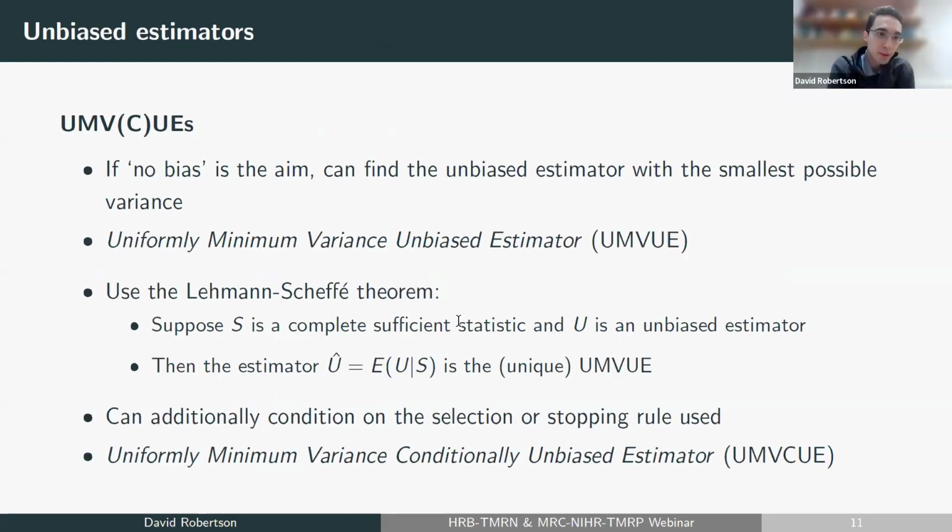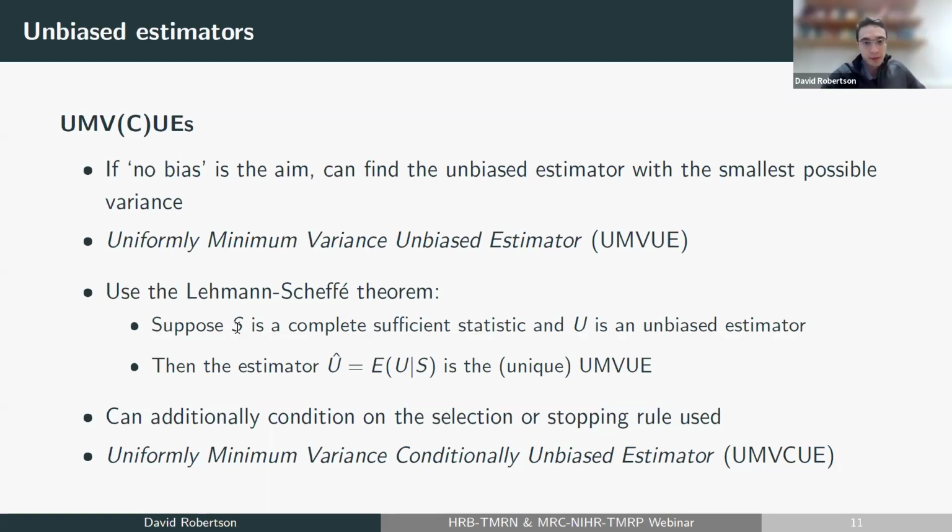Okay, so concentrating on unbiased estimators. If completely removing bias is the aim, then a sensible criterion for choosing an unbiased estimator is to find the one which has the smallest possible variance. This is known as the uniformly minimum variance unbiased estimator, or UMVUE. Just as a technical aside, the way that one can find such an estimator, and note they don't always exist depending on trial context, is the Lehmann-Scheffé theorem.